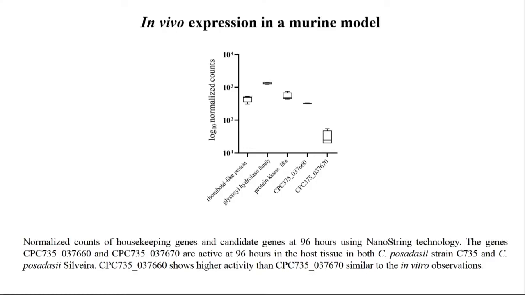We see the same expression profile where the one gene, 660, is very highly expressed in vivo, and that's the one that we believe is associated with a switch to forming that particular spherule structure. And the neighboring gene in vivo is also downregulated, which would be the prediction that we had made.